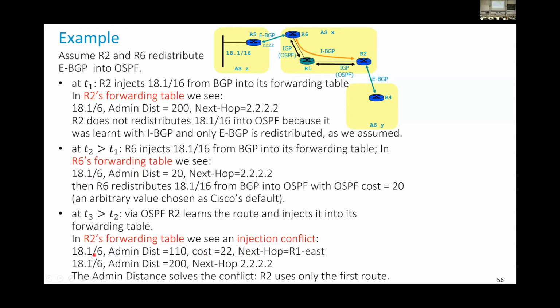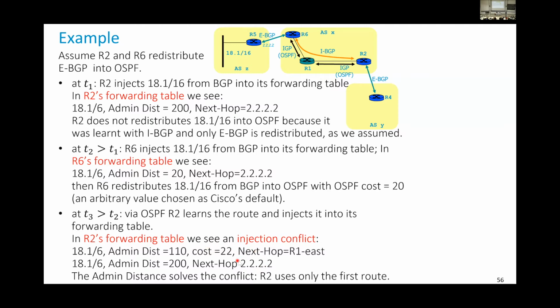Now, this route also existed. It had no OSPF distance because it was injected from Ibgp. So we have now 2 routes that are injected here. The first one comes from OSPF. OSPF has computed the next hop by the classical Dijkstra computation of how to go to 222. The next hop is R1 East. And this is another one here. Which one should we use? Well, obviously the first one, because this is easier.